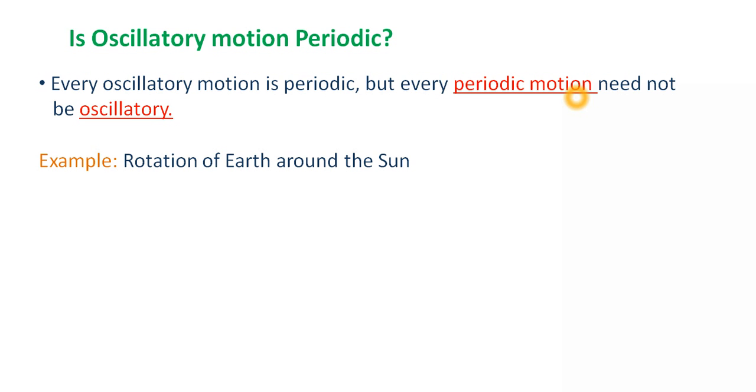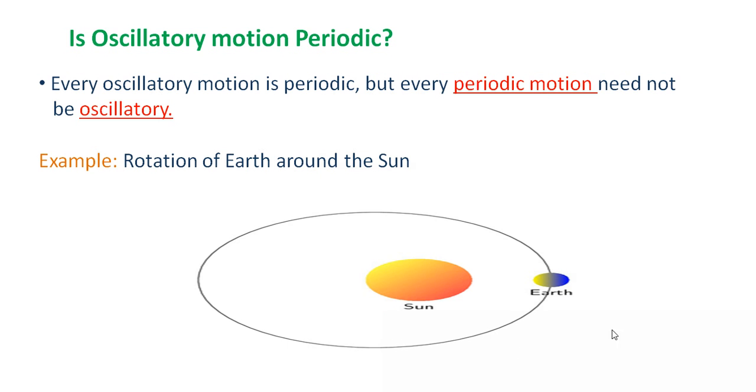So let me give an example of a periodic motion that is not oscillatory motion. One such example is the rotation of Earth around the Sun. If you look at this motion, Earth rotates around the Sun, okay?